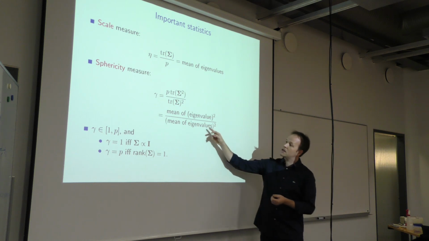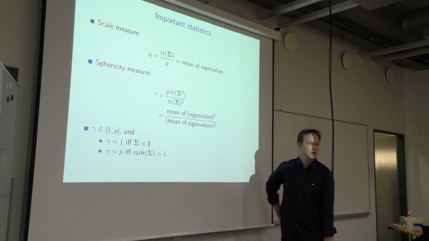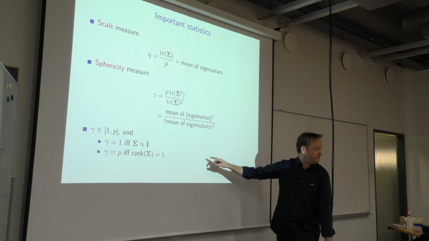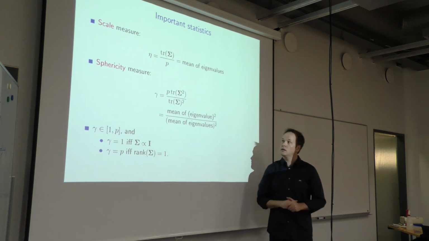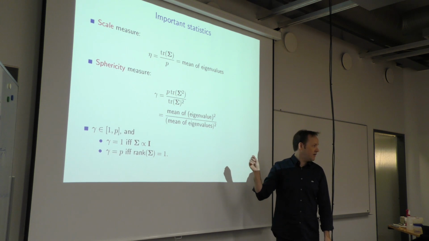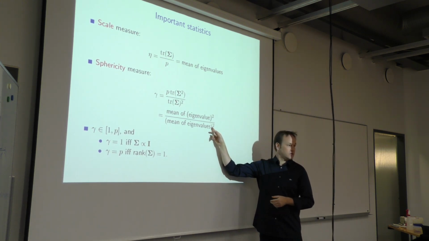So it is equal to 1 when that assumption holds, and then it is upper bounded by the dimension of the data. So this is the sphericity statistic. It is basically the mean of the squared eigenvalues divided by the mean of the eigenvalues squared.